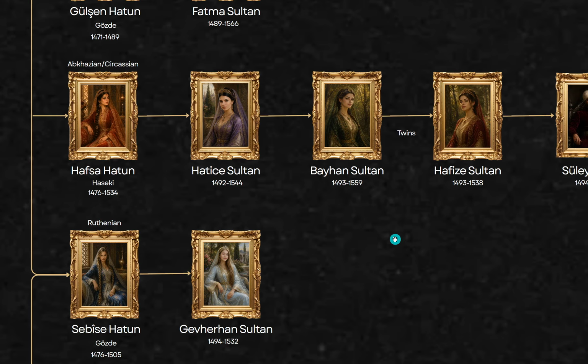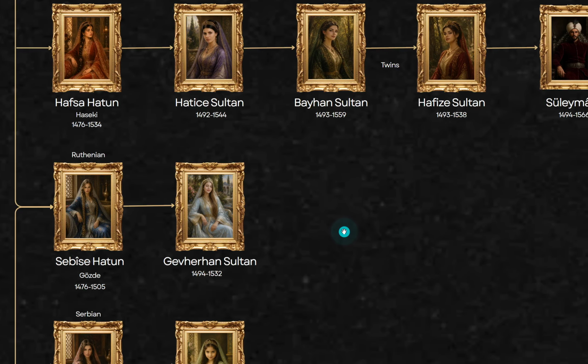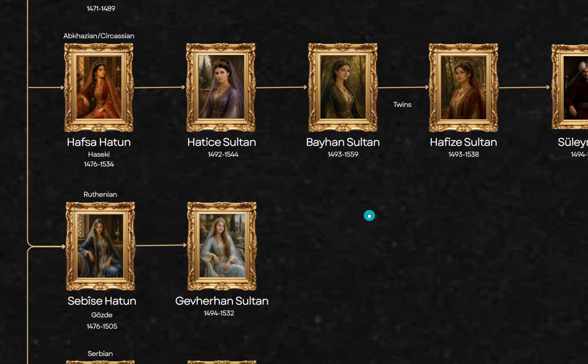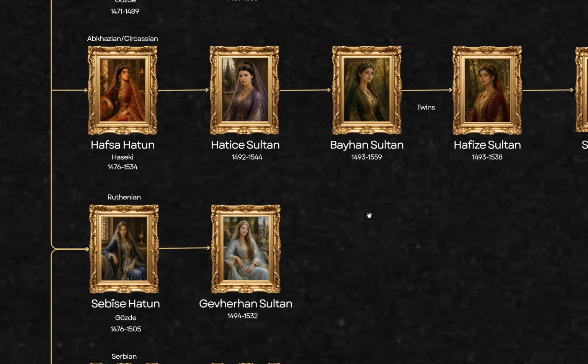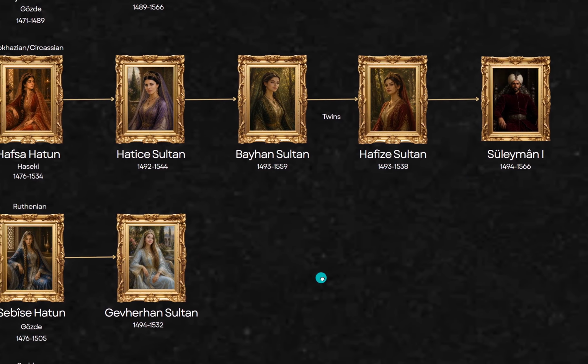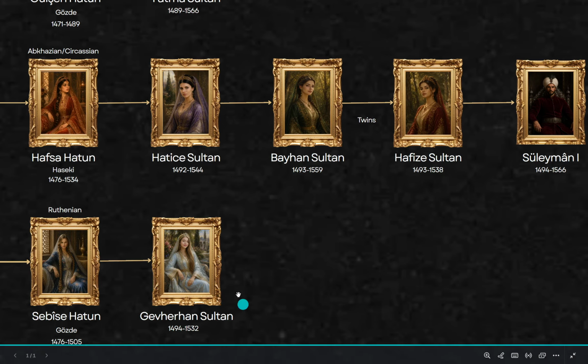All right, so now this is where the cool magic happens, and you start to see really good story situations arise. Another interesting story opportunity appears when Salim fathers a child with Hafsa, which is Suleiman right here, and another concubine in the same year, which is this daughter here.